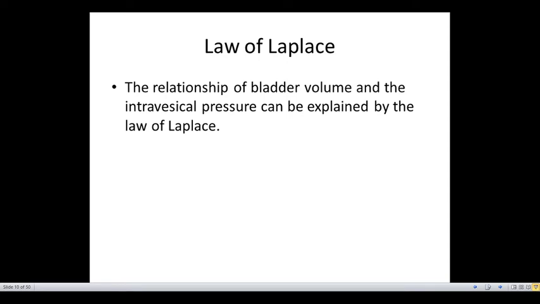The relationship of bladder volume and the intravesical pressure can be explained by the law of Laplace.